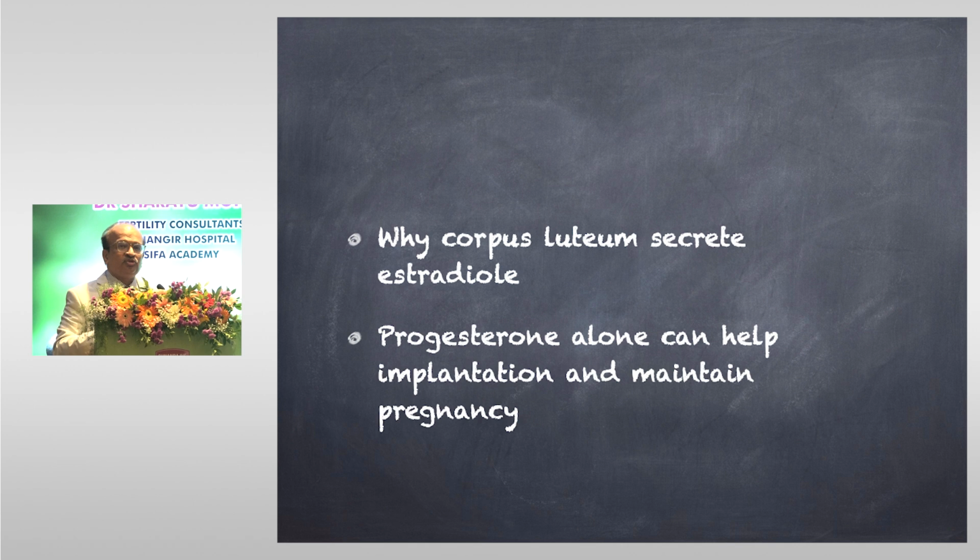Those biopsies without estrogen, only on progesterone, were same as the biopsies where estrogen and progesterone are acting together. So what does luteal phase estrogen have to do with endometrium? The gene expression and the biopsy reports are the same. So progesterone alone can help implantation and maintain pregnancy. So what is the role of the corpus luteum secreting estrogen?